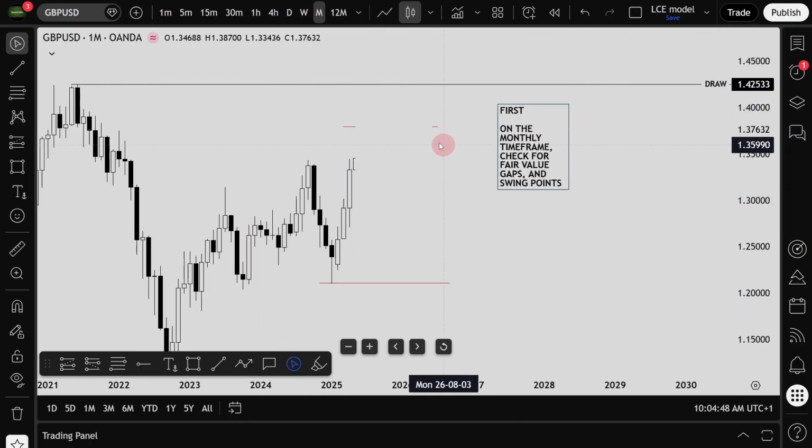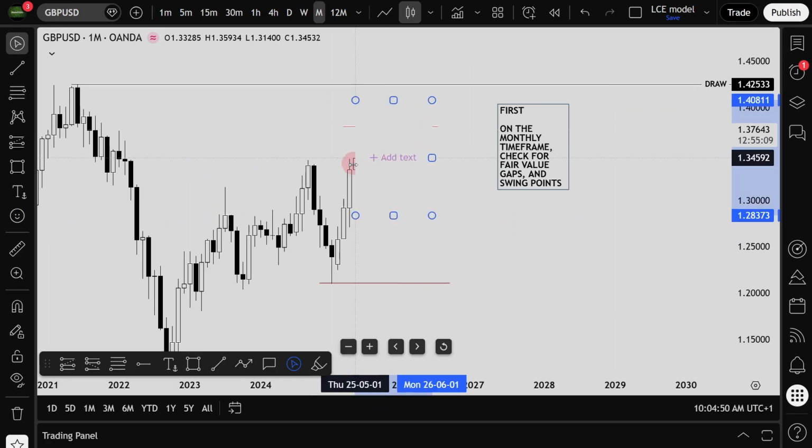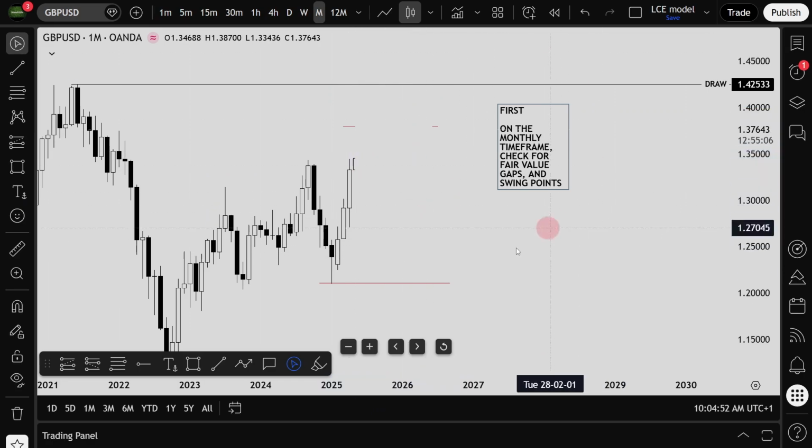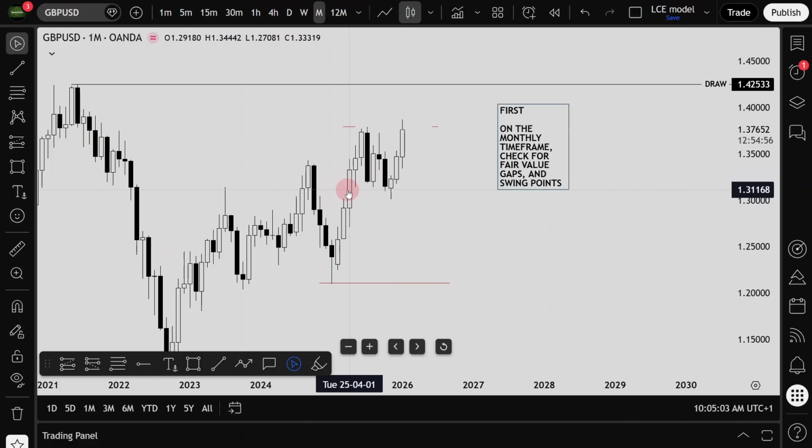Now let's imagine the remaining price action has not been created. We see this candle right here get created, one, and then we see this candle get created.